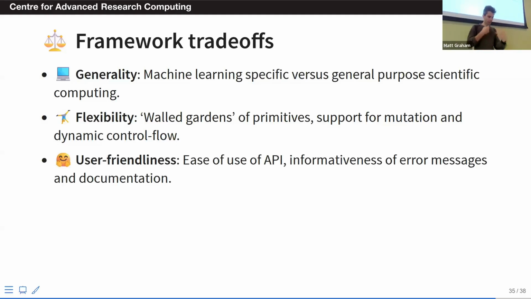The flip side of this, at least I find that these are somewhat anti-correlated, is user-friendliness of these things. And that's probably because if you're working in this more restricted setting, it's easier to have a nice, well-defined API and informative error messages. But I would find tools like JAX and PyTorch quite easy to use as a user. They have really good documentation.